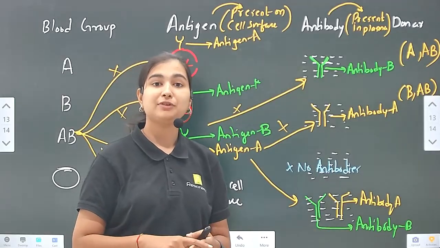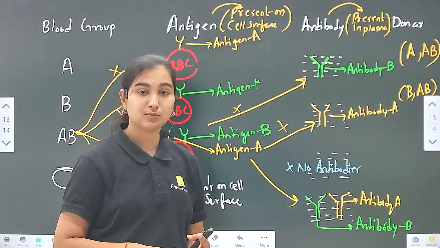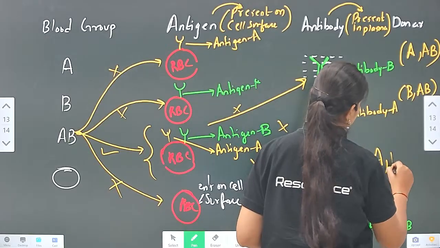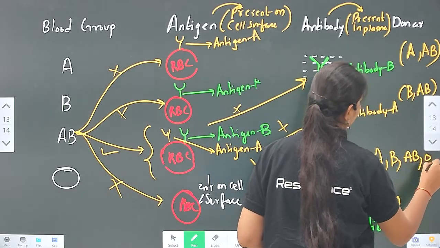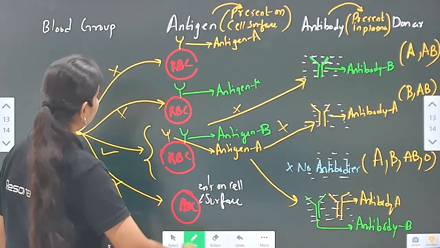It can receive from A, it can receive from B, it can receive from AB, and even from the O. Getting my point? Fine, that's the thing.